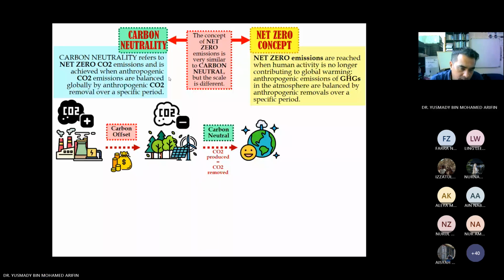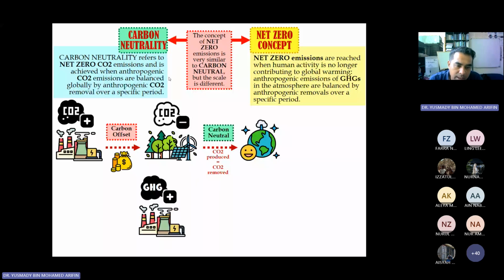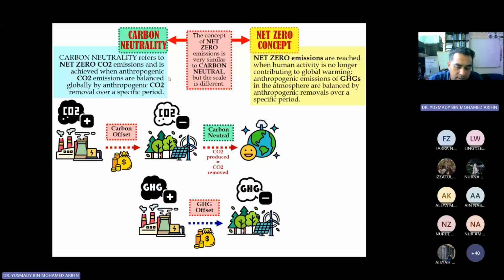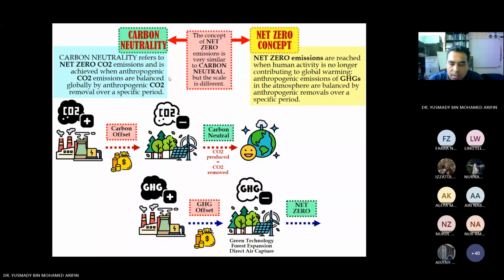Okay. Sama juga konsep. So GHG is released from human activities. Kita ada GHG offset, invest certain money to produce a certain mechanism in order to capture the gases. For example, green technology, forest expansion, direct air capture. So we'll get net zero. So net zero means GHG produced equals GHG removed.